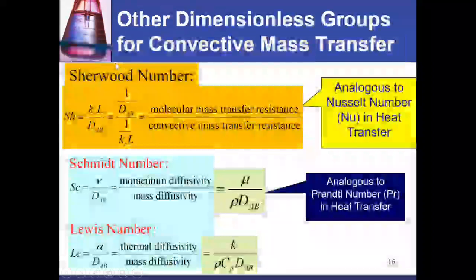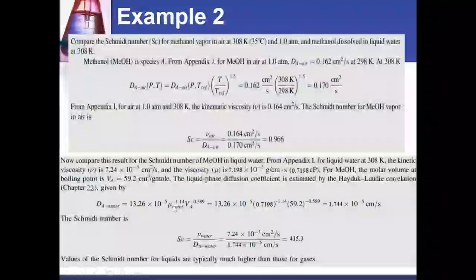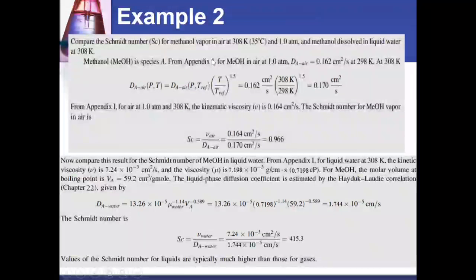To do that, the Schmidt number, as you know, is defined as the kinematic viscosity, mu over rho, over DAB. So we need the diffusion coefficient of methanol in air at the given temperature, and also methanol in water at the given temperature. And we need the kinematic viscosity. So for methanol in air, from appendix J, we have the diffusion coefficient of methanol in air at 1 atmosphere and 298 Kelvin.